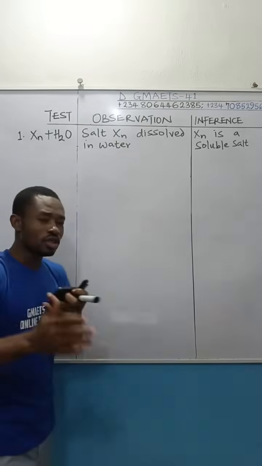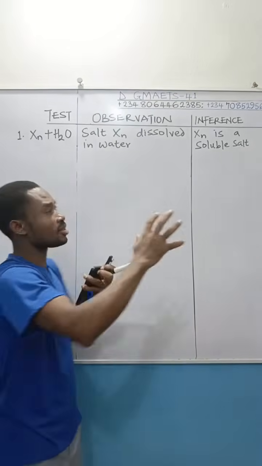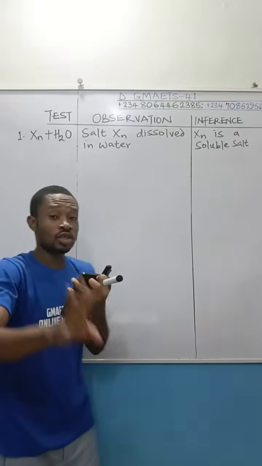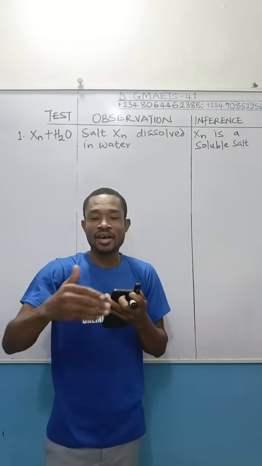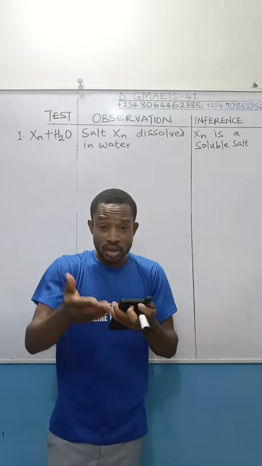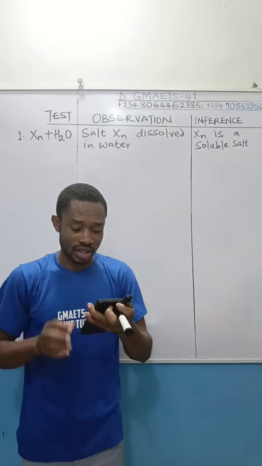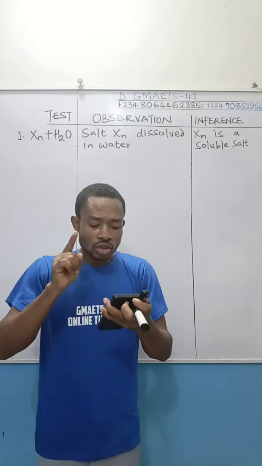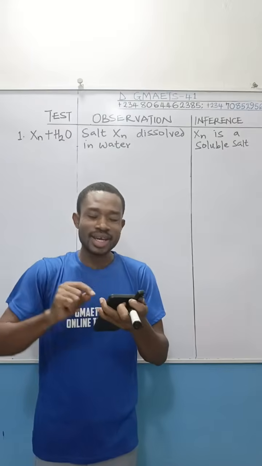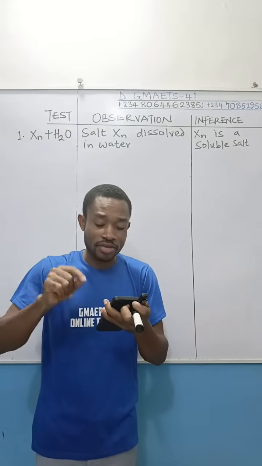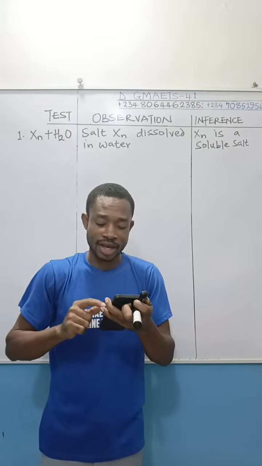We are told to divide this solution now into 4 portions and then carry out various tests. You can look at your own instruction if you copied the question down when I was dictating. To the first portion, add aqueous sodium hydroxide in drops, then in excess.